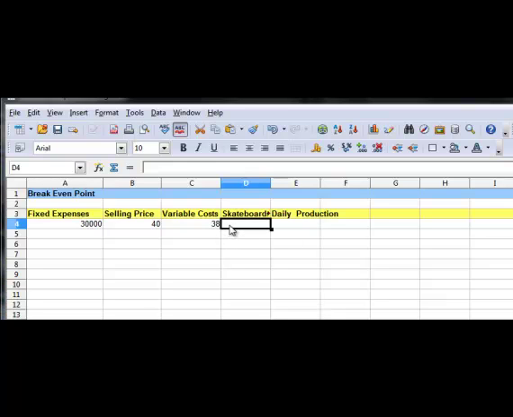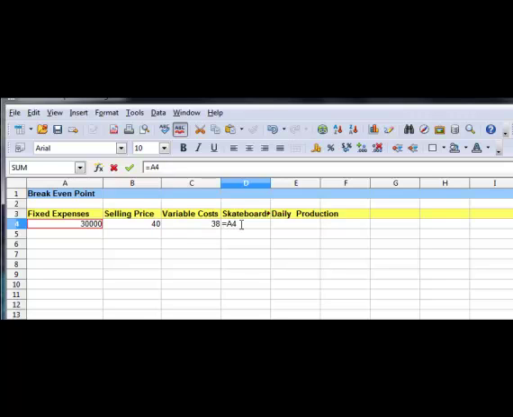So to calculate how many skateboards you're going to have to make a year, we're going to put in a calculation. To do this, we put in an equal sign. That tells the computer we're going to be putting in a formula. So first we're going to put in our fixed expenses by clicking on the fixed expenses.